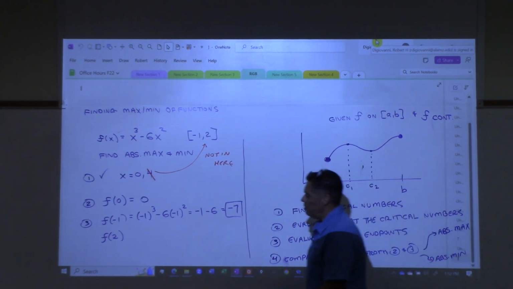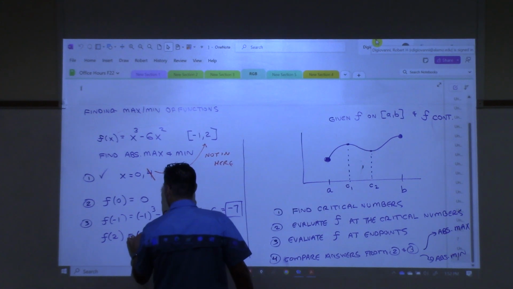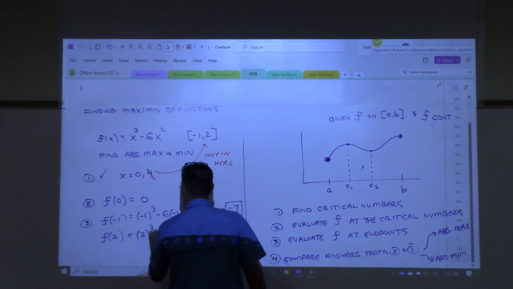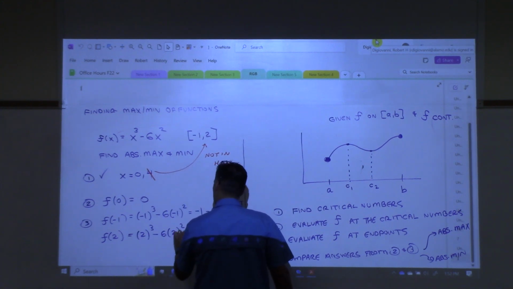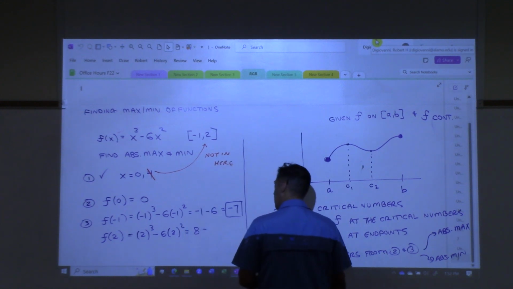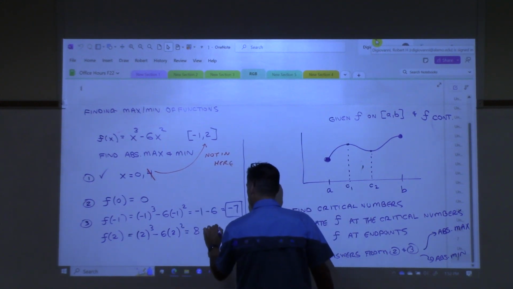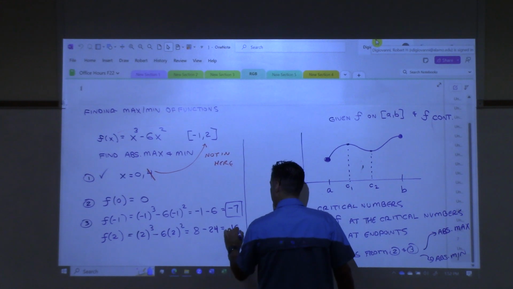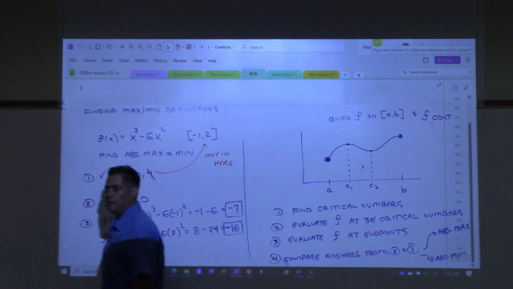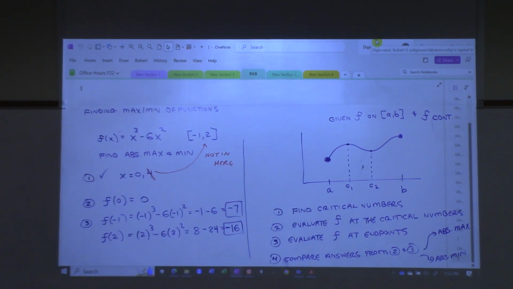And then when you plug in 2, 2 cubed minus 6 times 2 squared, 8 minus 24. Y'all getting the same thing there? Negative 16. Understand?